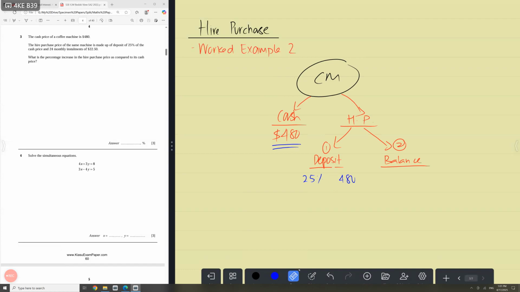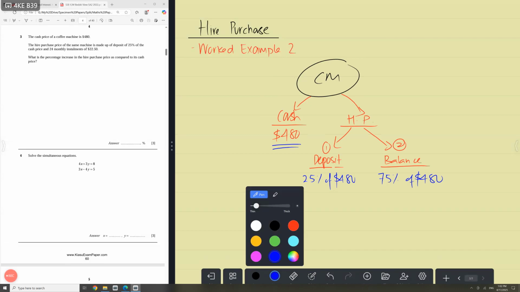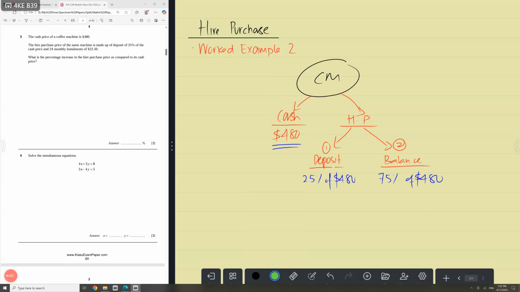25% of 480. And then the balance is 75% of 480 as well. But this time round, you will pay in monthly installments. So for the percentage increase in the hire purchase price, the hire purchase price refers to how much you end up paying if you go by this method.